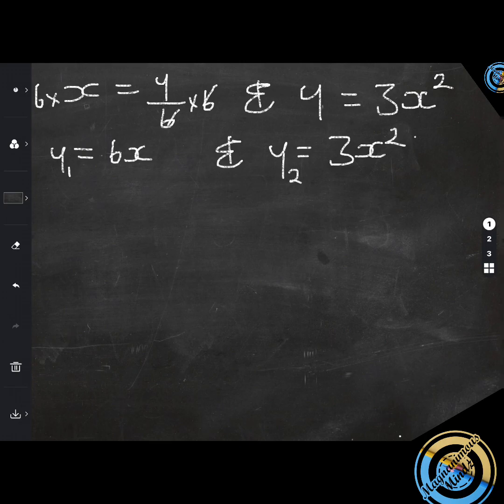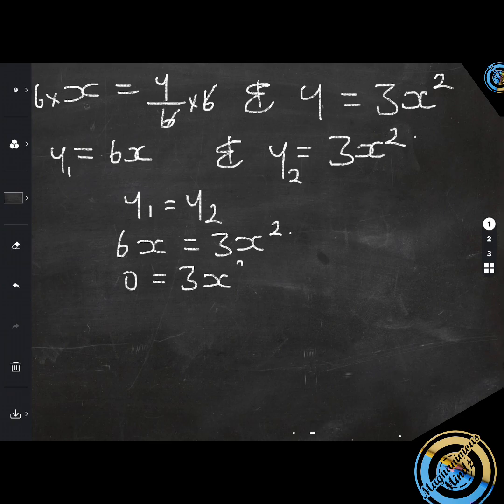Point of intersection is where the two graphs intersect one another, meaning that their y value is the same. So y1 and y2 are equal at the point of intersection. And then 6x equals 3x squared, and 0 equals 3x squared minus 6x. 3x times x minus 2.